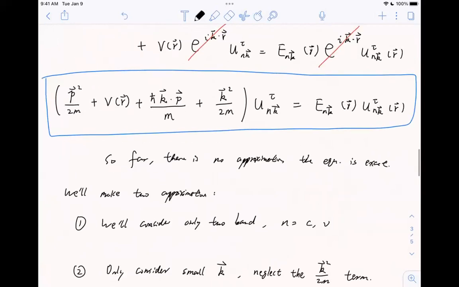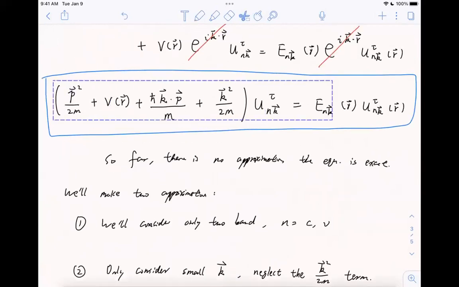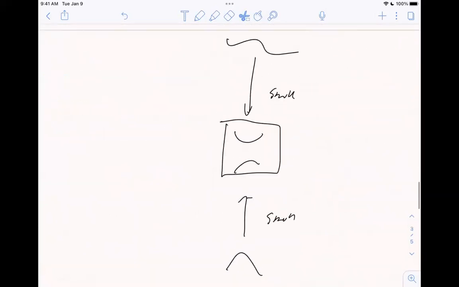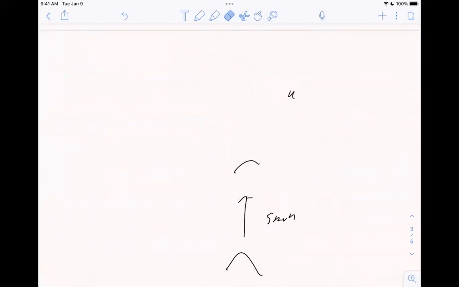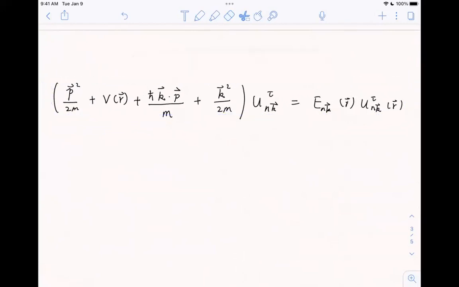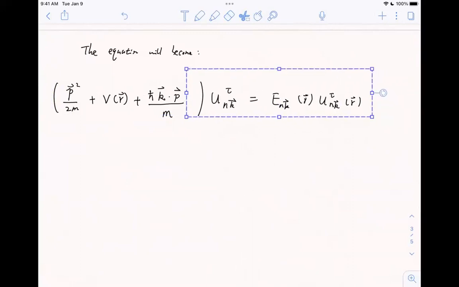Okay, so once you understand this, then we're going to continue. So the equation will become, then you can neglect this. Okay. And you're going to have 2 equations.